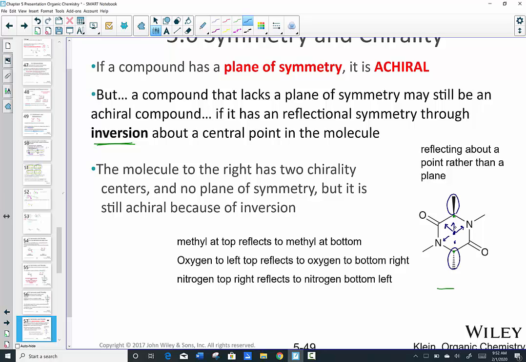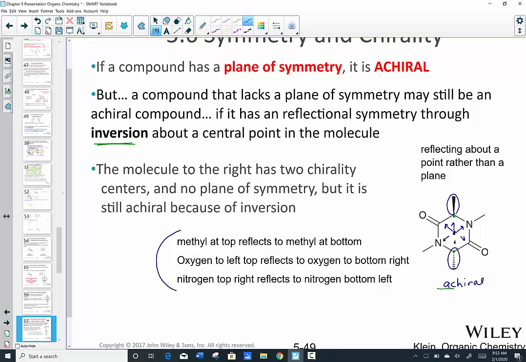When I look in this direction, I see those carbonyl carbon-oxygen bonds. This point is giving me a mirror image, reflecting about a point rather than an entire plane, and this makes the molecule achiral. There is an inversion point where these two chirality centers have no plane of symmetry, but it's still achiral because of this inversion.